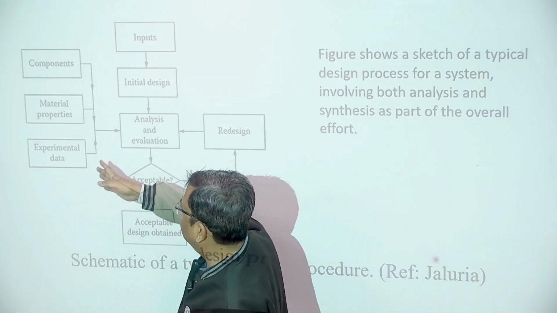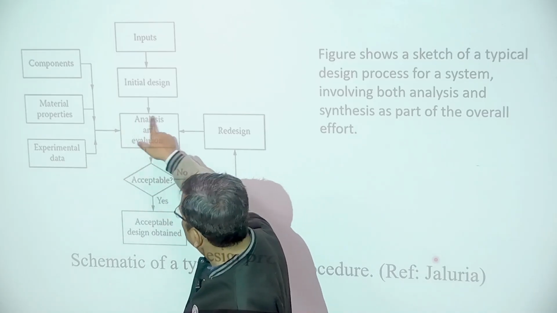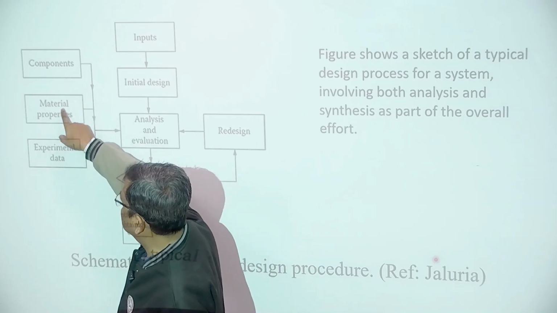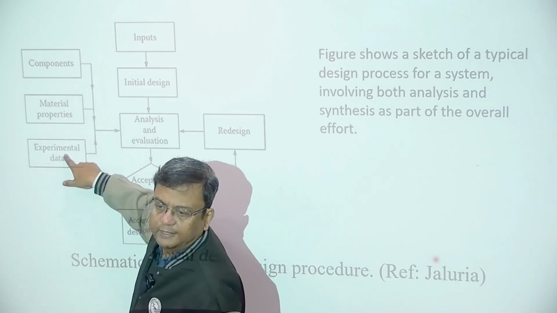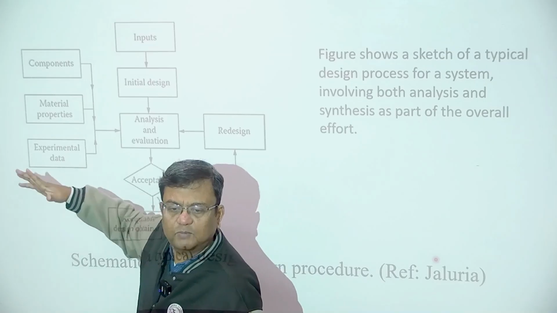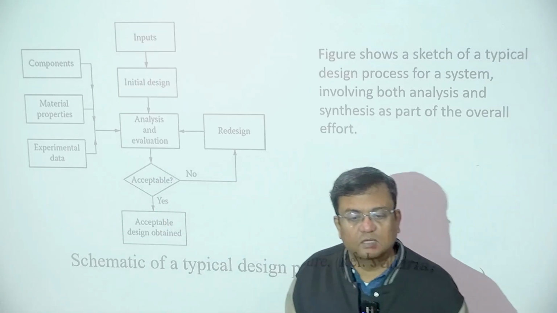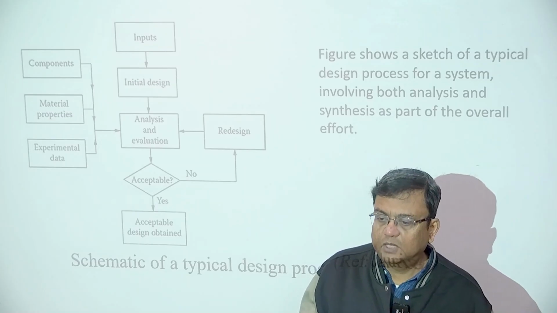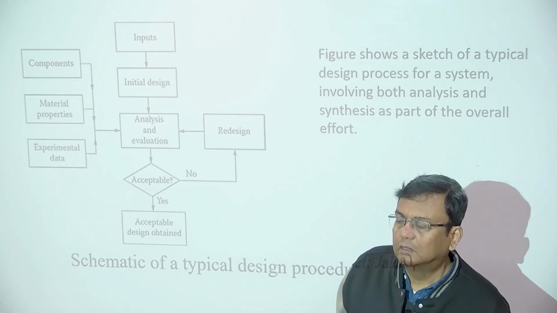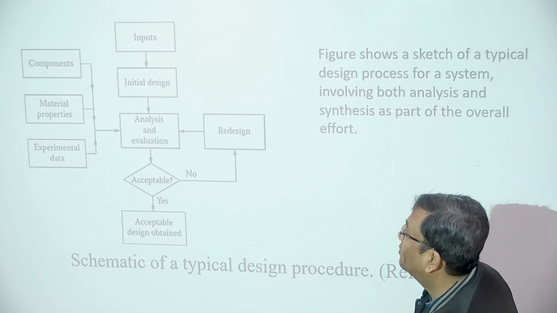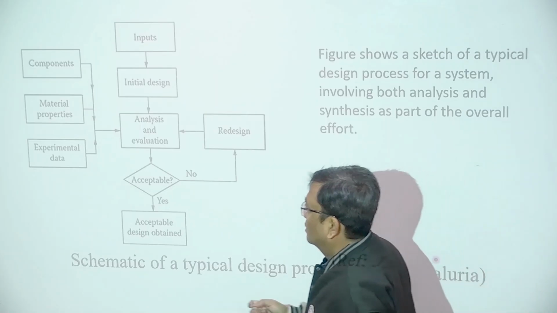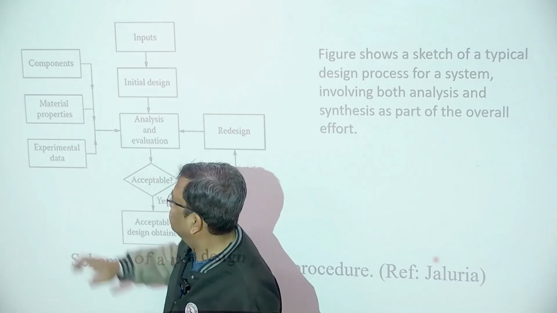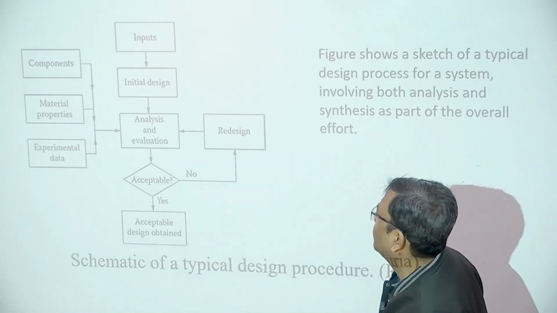You also have some more inputs which go into this process, which are about the components, material properties and experimental data. Experimental data in this context can mean the flue gas temperature, flow rate, and some information on properties like thermal conductivity, specific heat and all that. I think you can understand this.